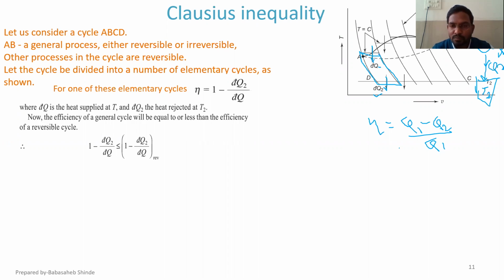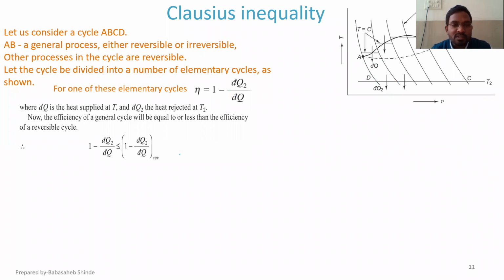This one we know. We know the alternative relation also, T1 minus T2 by T1, because Q1 is proportional to T1 and Q2 is proportional to T2. If I divide Q1 and Q2 by Q1 individually, I get the relation 1 minus Q2 by Q1. This relation we are going to use here.